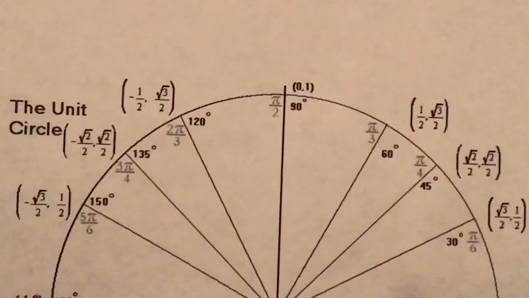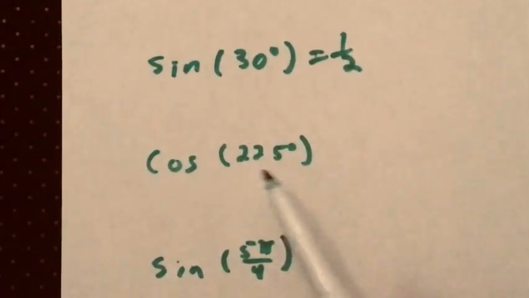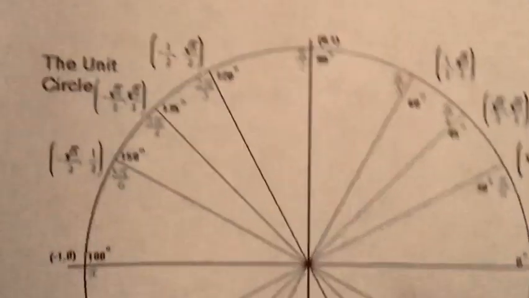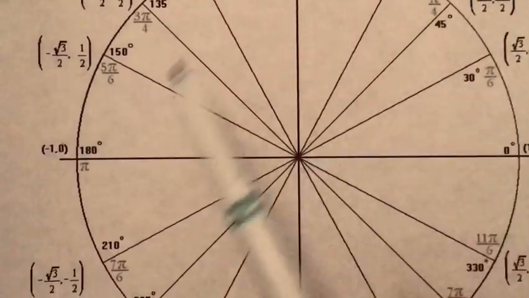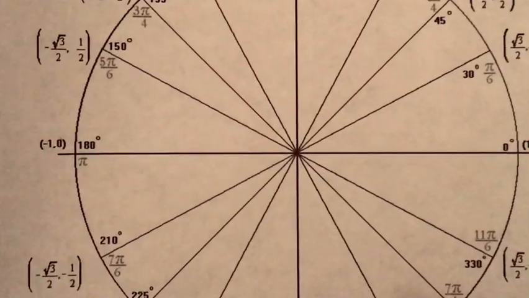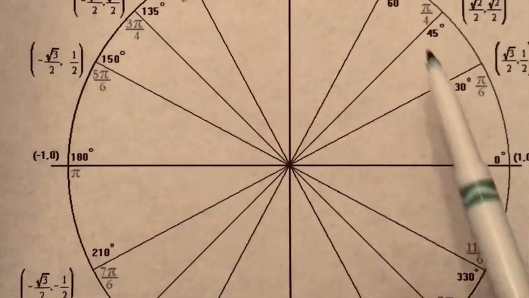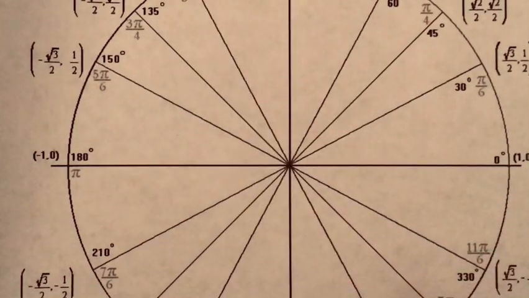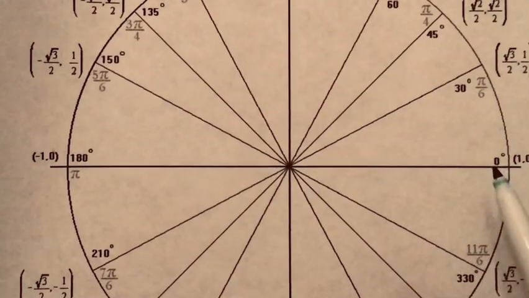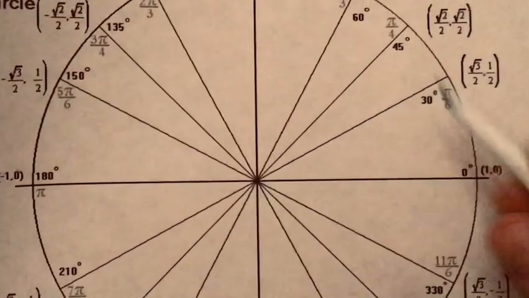Let's do a cosine real quick. Let's say I want the cosine of 225 degrees. Again, I look at my unit circle and find the angle of 225 degrees. Just a quick note, you start at 0 degrees and wrap around counterclockwise. When I get to the end of the circle, that's 360 degrees.